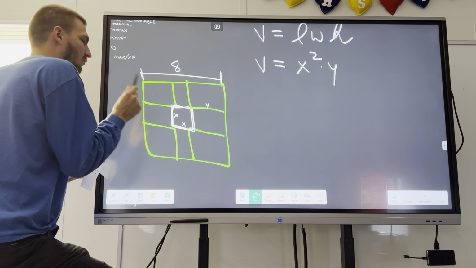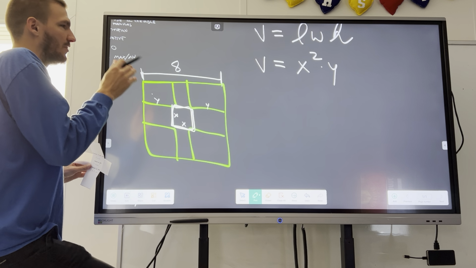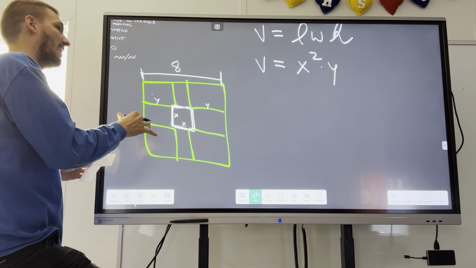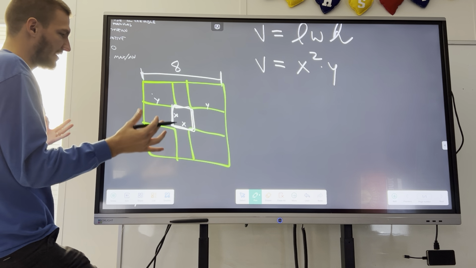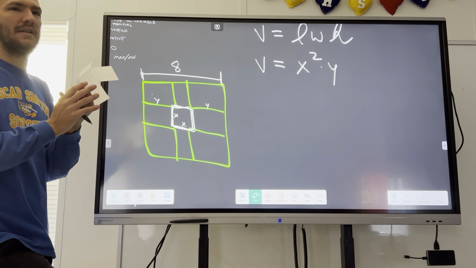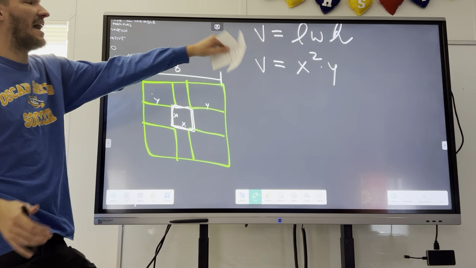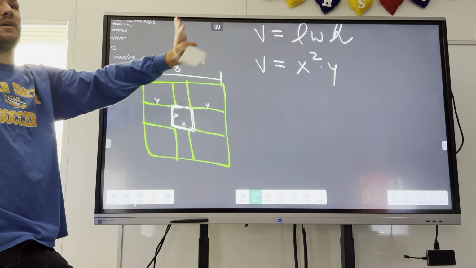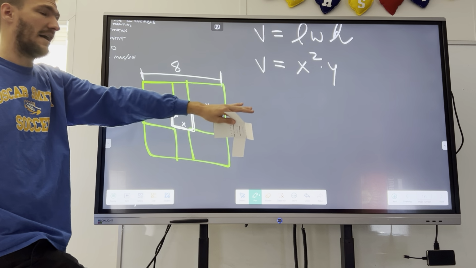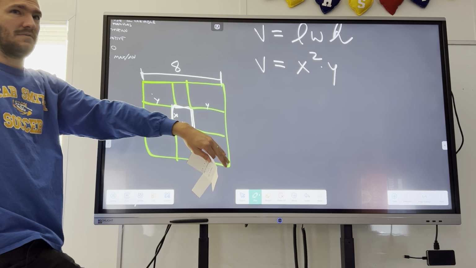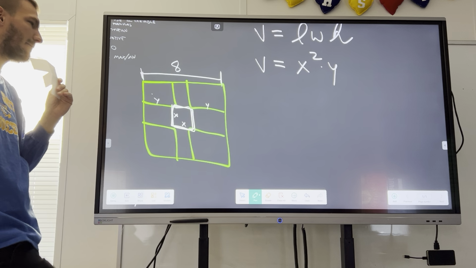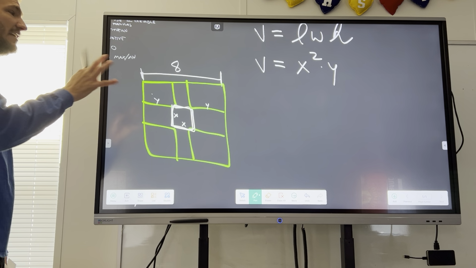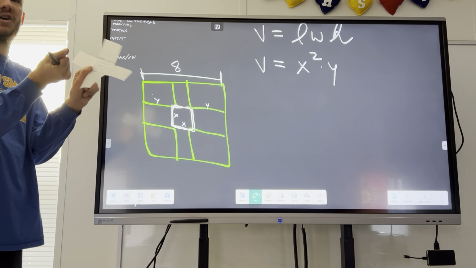We need to find a way to rewrite either X or Y so that it's all in one letter. Now, because X is being squared, I'm probably going to leave that one alone, and try to figure out Y. If I'm trying to figure out Y in terms of X, I can make some sort of equation because X and Y are connected.